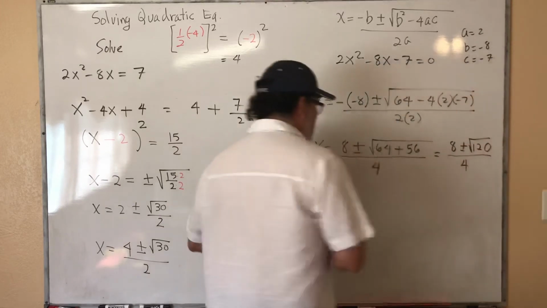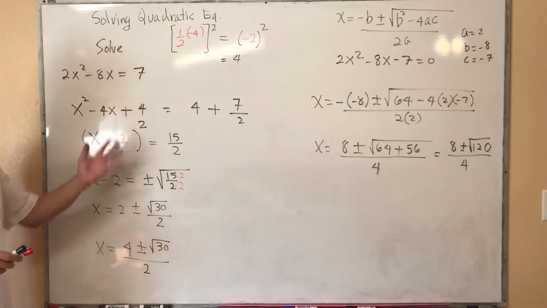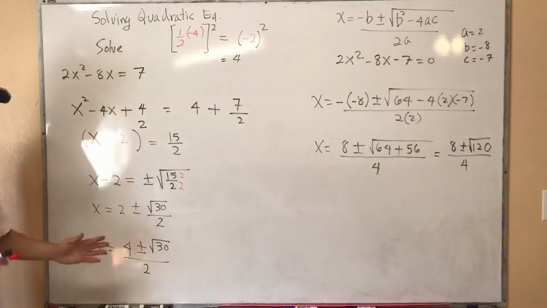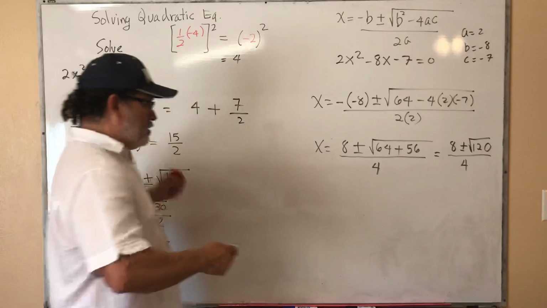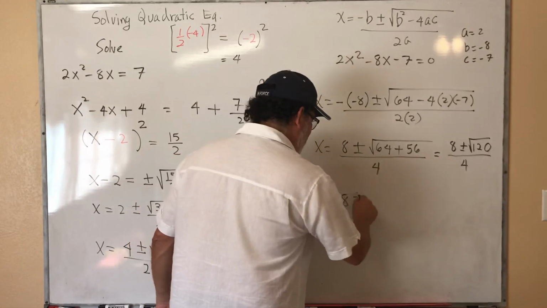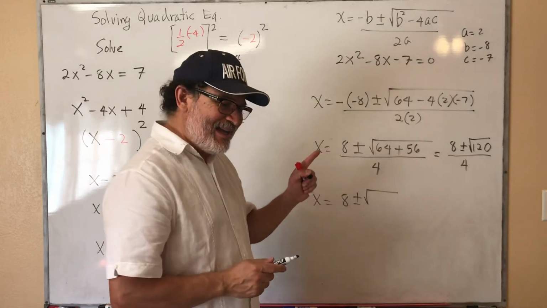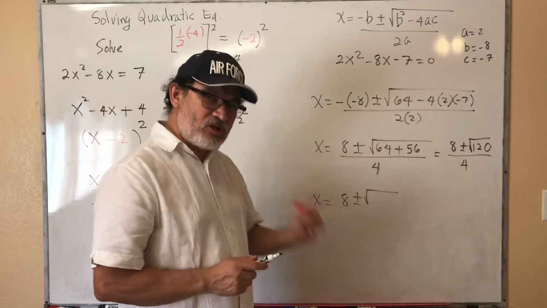Okay? So sometimes this is easier than the quadratic formula. We're going to get the same answer. So x is what? x is 8 plus minus the square root of what? That 120 is 4 times 30.